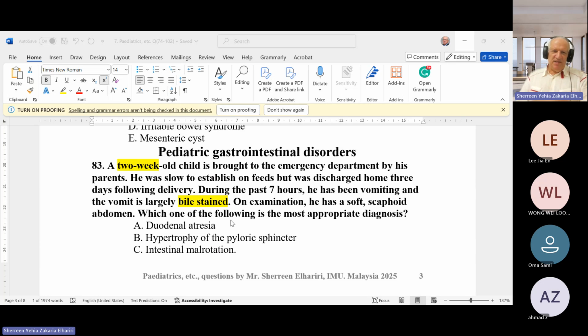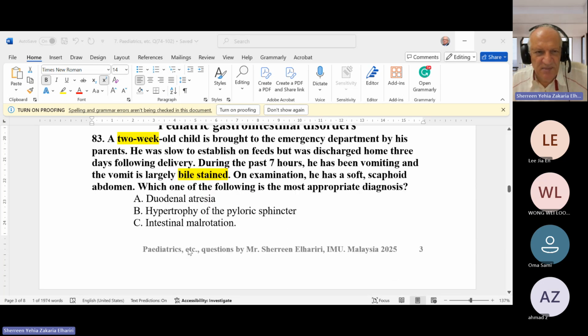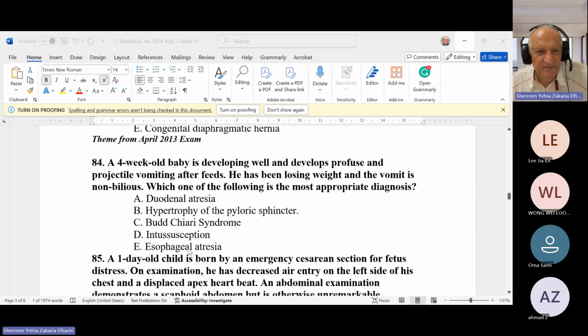Duodenal atresia can mimic hypertrophic pyloric stenosis, because the duodenum has 1, 2, 3, 4 parts. The ampulla of Vater or common bile duct opens in the second part, so usually this is the level of duodenal atresia, and it mimics hypertrophic pyloric stenosis. Because the patient has bile, it is intestinal malrotation. Of course, any of them can be intestinal obstruction, but it is intestinal malrotation.